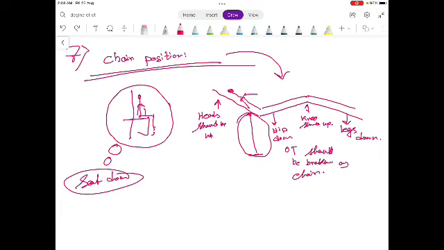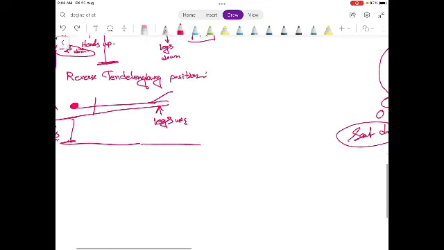So right now we have to think and know which position is used for which OT.